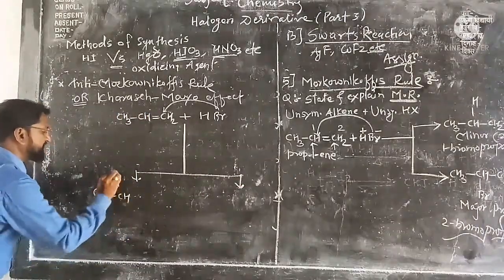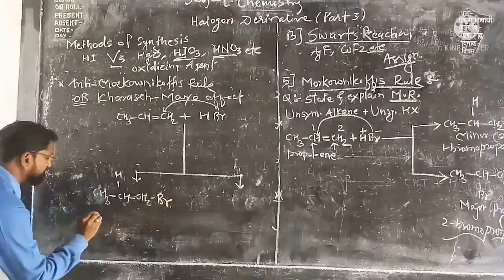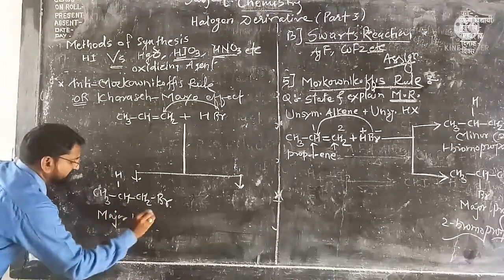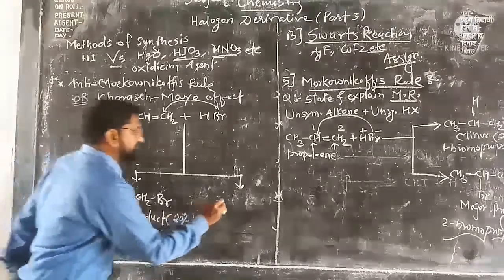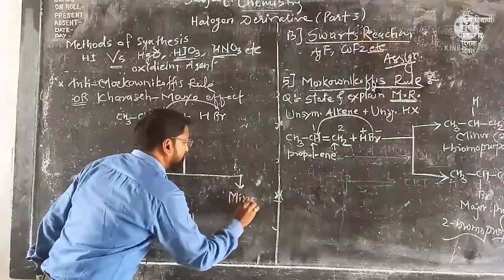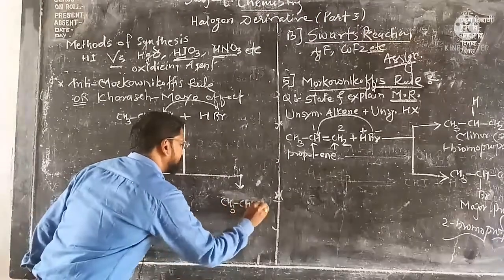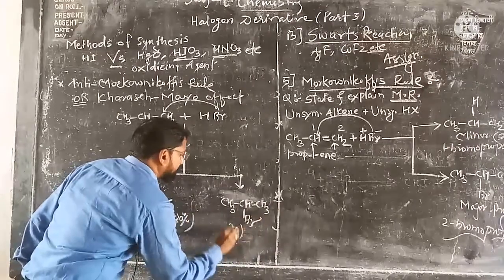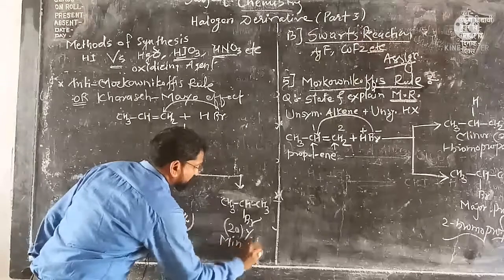CH3 CH2 CH2 Br. Okay, this is the major product, 80%. Let me write the other product first. CH3 CHBr CH3, 20%, and it is the minor product.